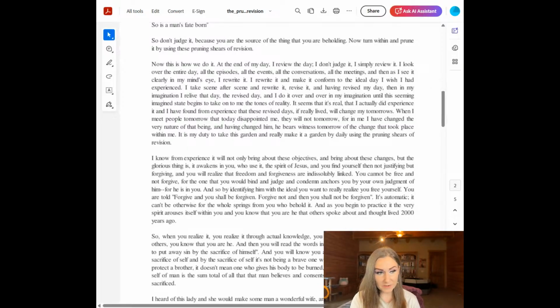I know from experience it will not only bring about these objectives and bring about these changes, but the glorious thing is it awakens in you, who use it, the Spirit of Jesus. And you will find yourself then not justifying, but forgiving. And you will realize that freedom and forgiveness are indissolubly linked.